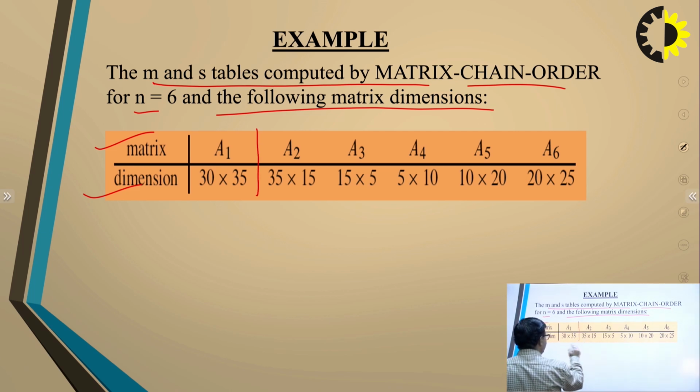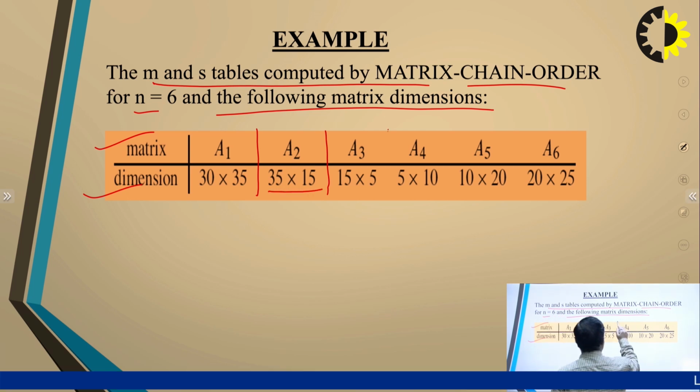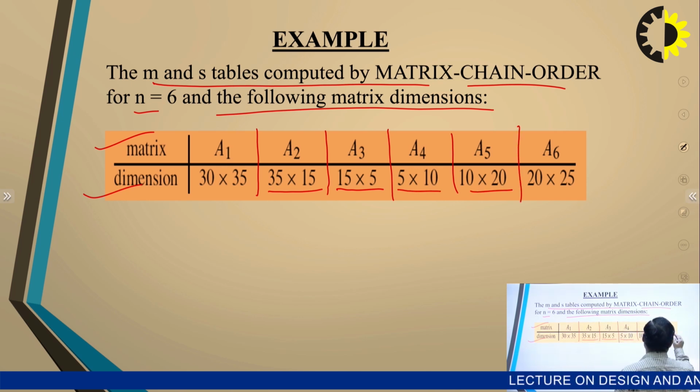Here this is the A1 matrix and this is the dimension of A1. A2 matrix, these are the dimensions of A2. Here A3, these are the dimensions of A3. A4, the dimensions. A5, then dimensions. A6, then dimensions. Okay.